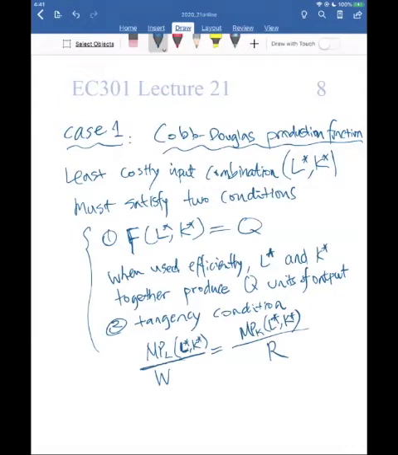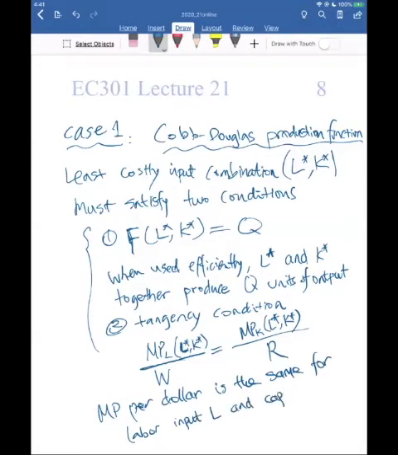Economically, this means the marginal product per dollar is the same for labor input L and capital input K. And of course, if you read the book, they have an equivalent condition here, but the way they describe this is by introducing an additional concept.